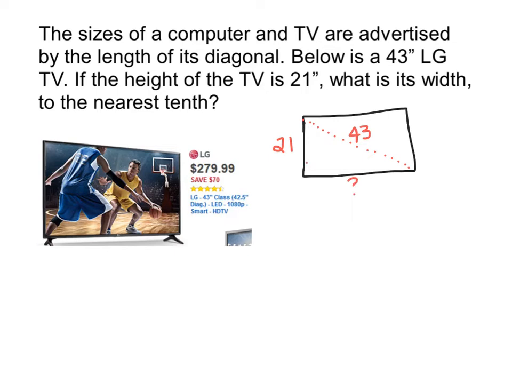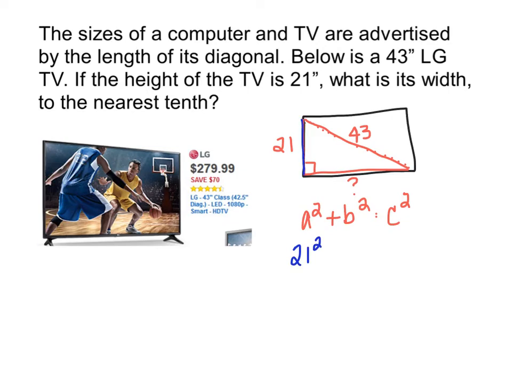So since this is a rectangle, it forms a right angle. So really, I have a right triangle since I have its diagonal. So I can use Pythagorean theorem, a squared plus b squared equals c squared, to find my missing width. Now let's figure out what letters I'm given. The 21 I can plug in for a because that is one of my legs.